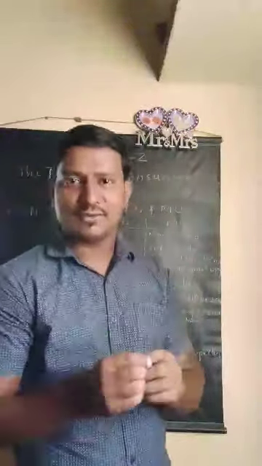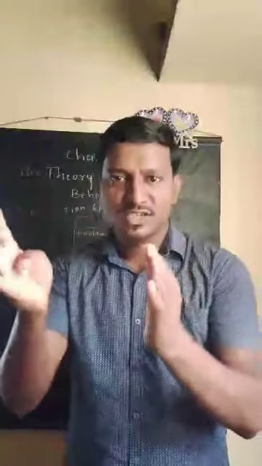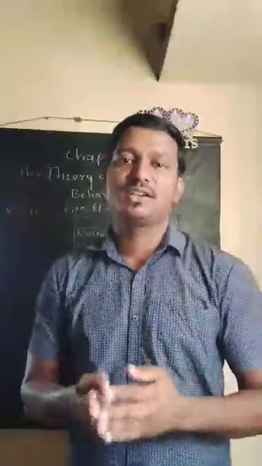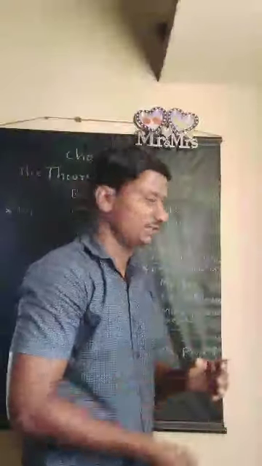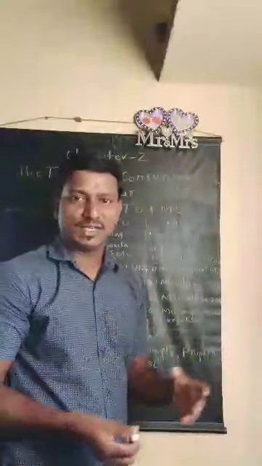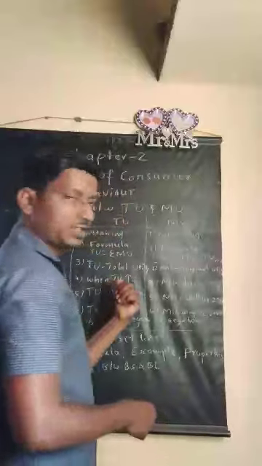We also have another formula to calculate marginal utility, that is delta TU divided by delta Q, which means change in total utility divided by change in quantity consumed. So we have different formulas to calculate total utility and marginal utility.